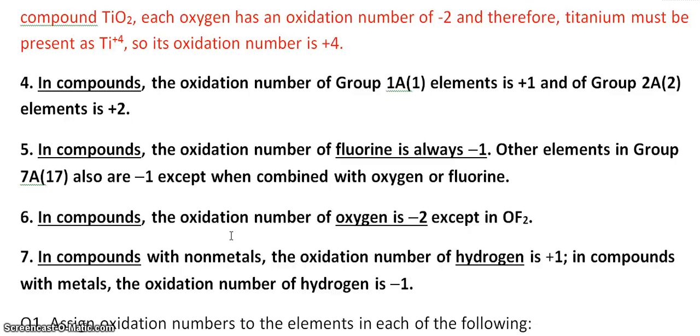And then finally, in compounds with nonmetals, the oxidation number of hydrogen is +1. In compounds with metals, the oxidation number of hydrogen is -1. So when you're talking about covalently bonded compounds with nonmetals, hydrogen is always +1. In compounds with metals, which you won't see, the oxidation number of hydrogen is -1.